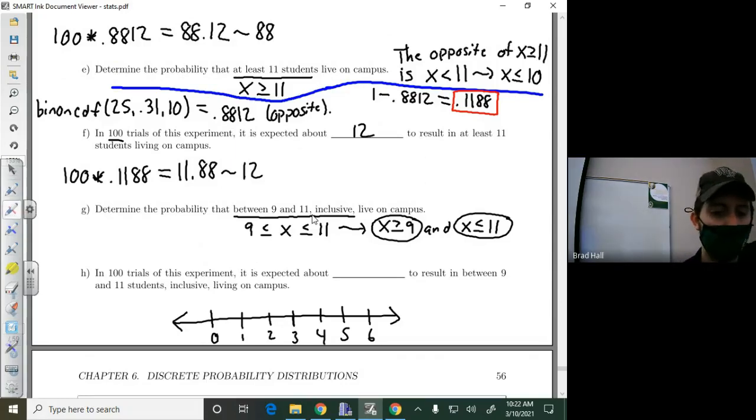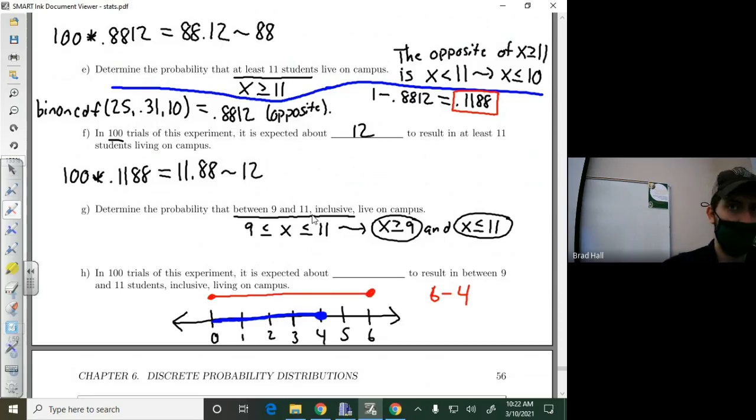If we're subtracting 6 minus 4, what are we actually doing here? Well, 4 is the difference from 0. 6 is the difference from 0. And really what we're doing is these differences here, we're trying to find the difference between those two right there to figure out this little part in the middle.